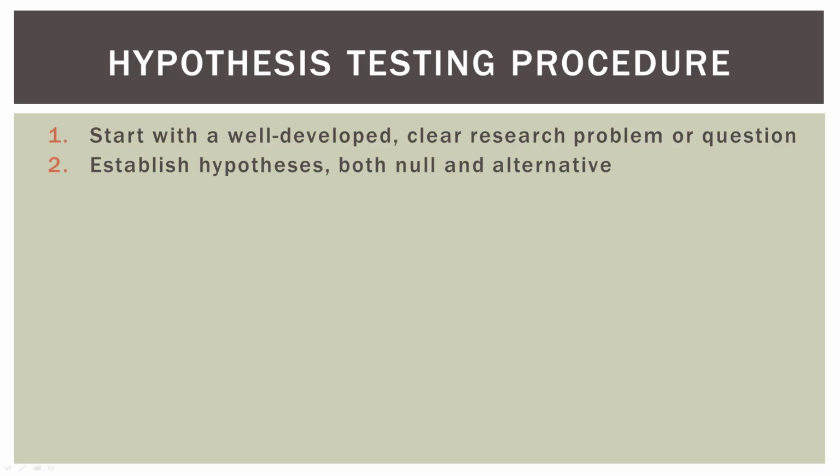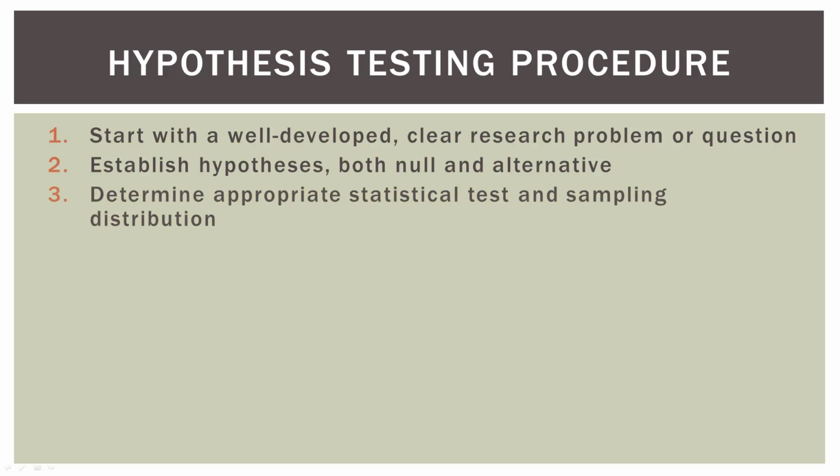Establish your hypothesis, both null and alternative. Determine the appropriate statistical test and sampling distribution. And again, this depends on really two things. Do you know sigma or do you not know sigma? Is your sample size below 100 or not? So again, that will determine whether or not you're using the z-distribution and z-test or the t-distribution and t-test.